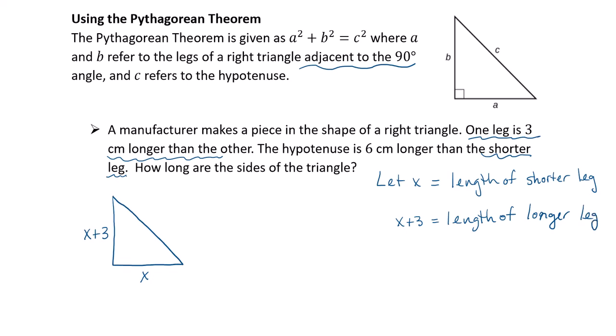Now, it says the hypotenuse is 6 centimeters longer than that shorter leg. Our shorter leg was x, so the hypotenuse is going to be x plus 6. Let's define that here as well. x plus 6 equals the length of the hypotenuse.